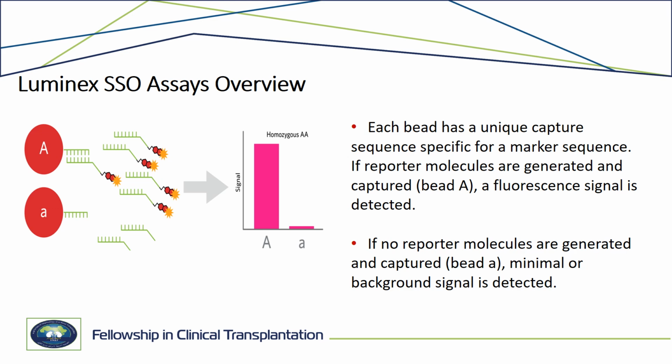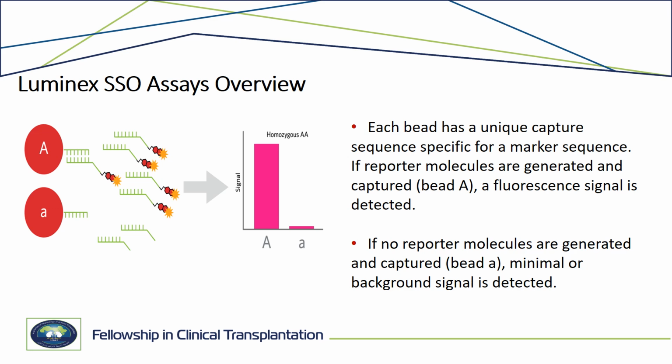Here in this example we have a bead capital A and a bead small a, and each one of them has attached to it a specific probe, or oligomer, or sequence of DNA. When we combine the patient's own DNA with these beads, you can see in this specific example that the DNA was only able to bind to the bead of capital A, but was not able to bind to the bead of small a.